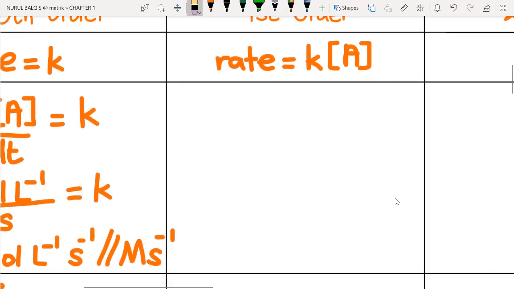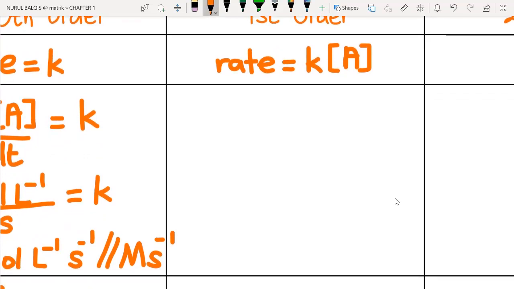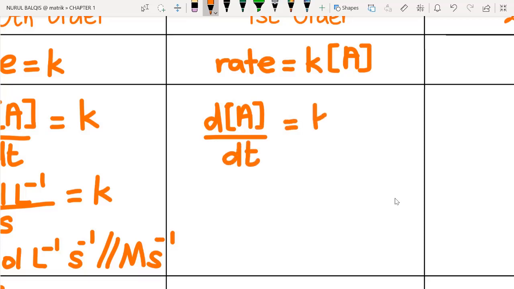Next, we're going to derive the unit of the rate constant. So we substitute the rate with dA over dt, and for the right side, we have K[A].